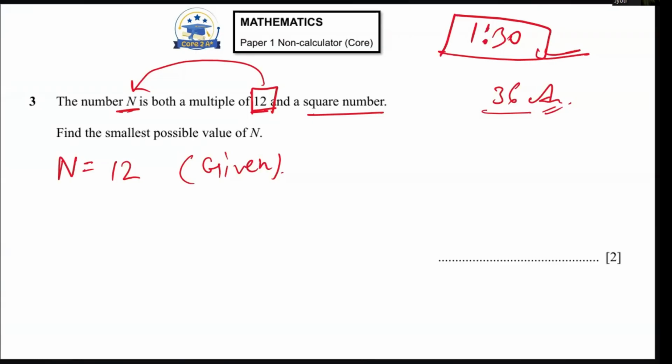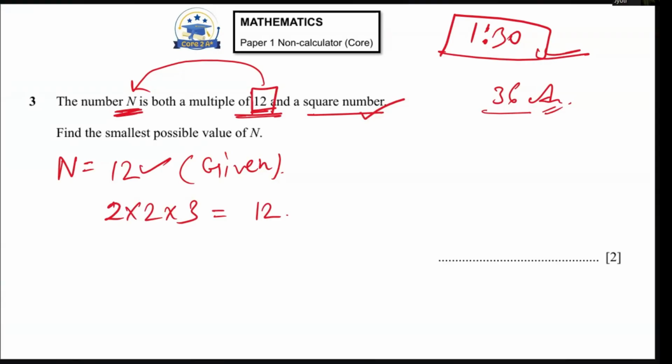Move on to the question. Do the factorization of 12: 2 times 2 times 3. 2 times 2 is 4, 4 times 3 is 12, right? We know two things about n: it is a multiple of 12, but it is also a square number. How can we get a square number?